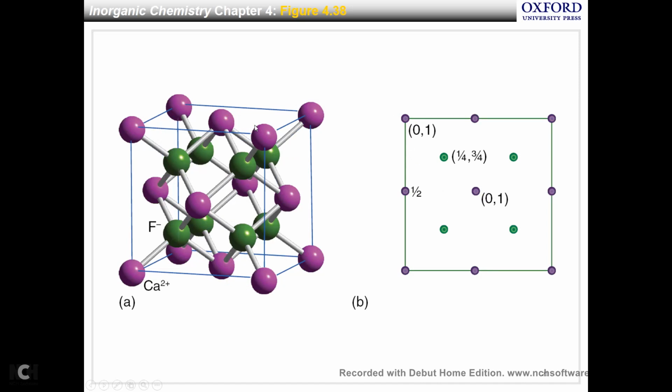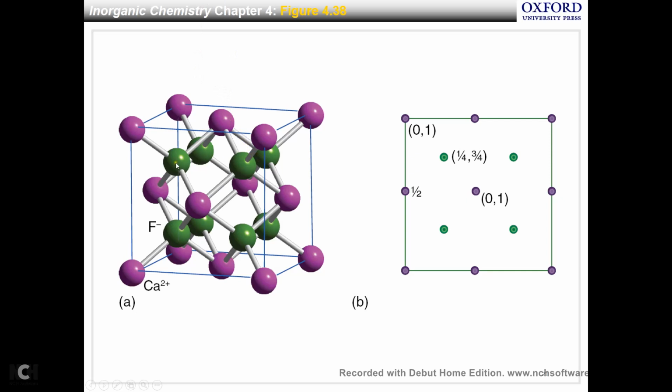Another structure, this is calcium fluoride, and the formula is calcium 1 fluoride 2. So you can see actually in this case, since each fluoride is bonded to 1, 2, 3, 4 calcium, then each calcium is supposed to be bonded with 8 fluoride.